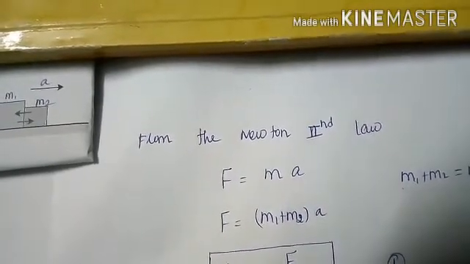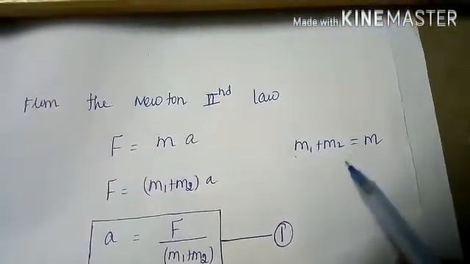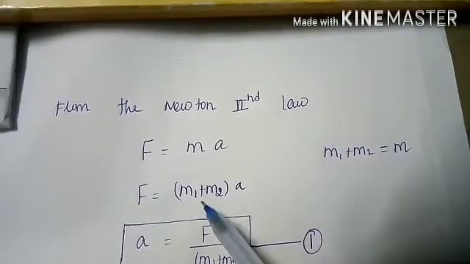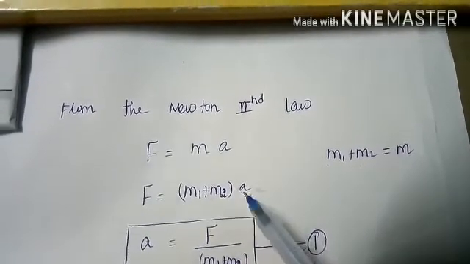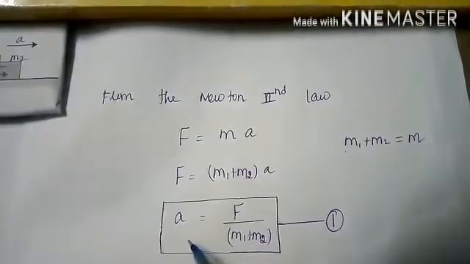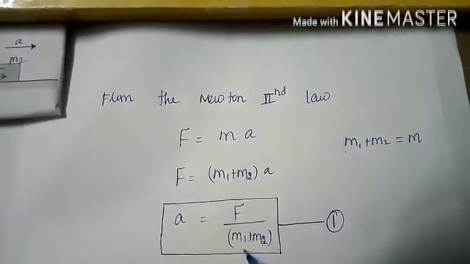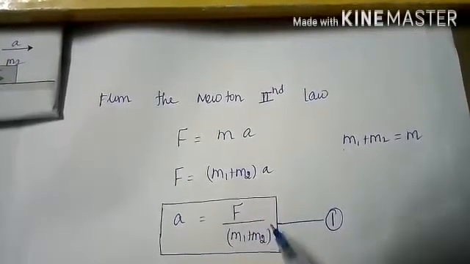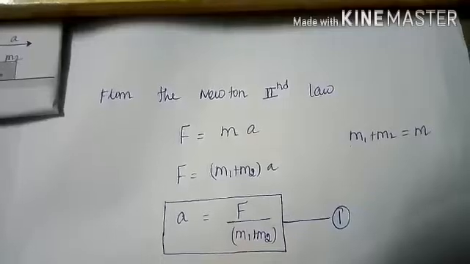From our diagram, there are two masses, so the total mass m is m1 plus m2. So instead of m, we use m1 plus m2. Then the acceleration: a equal to F divided by m1 plus m2. So this is the acceleration of this system. This is equation number 1.